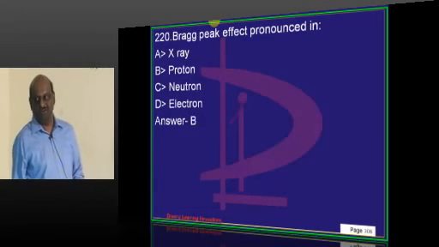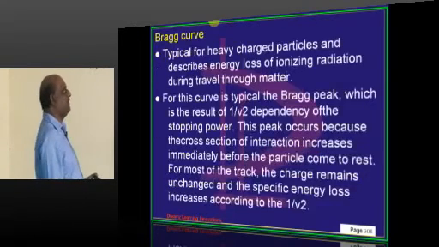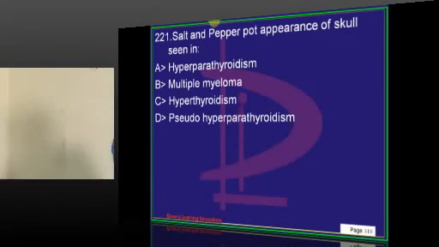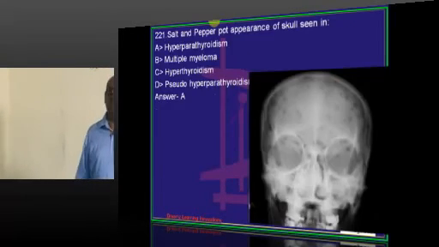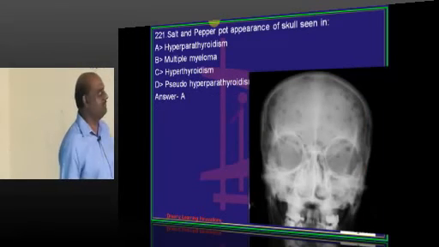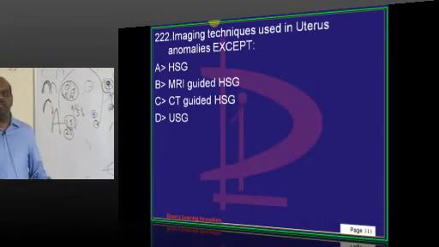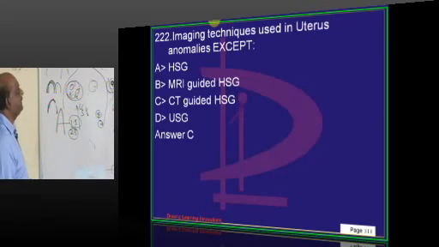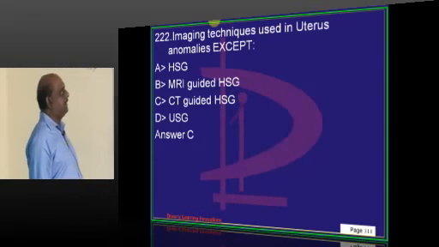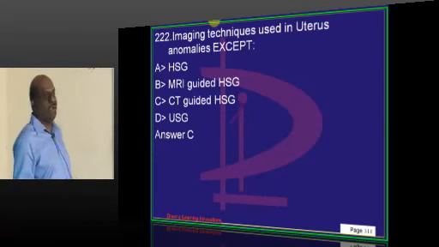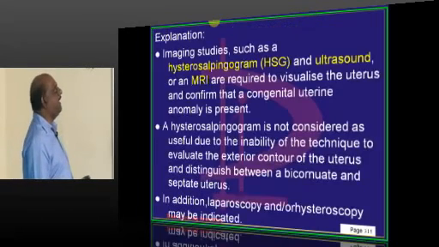Another challenging question on radiotherapy. I don't expect you to answer this. Salt and pepper appearance in hyperparathyroidism, even a newborn child in NICU will answer it. Then uterus anomalies are detected with the hysterosalpingogram, MRI guided HSG and ultrasound. You don't need a CT guided HSG.